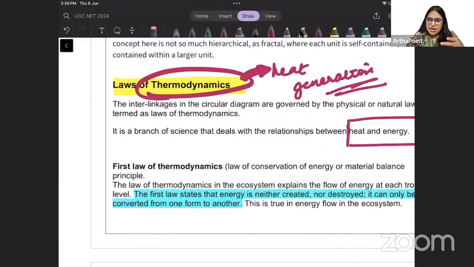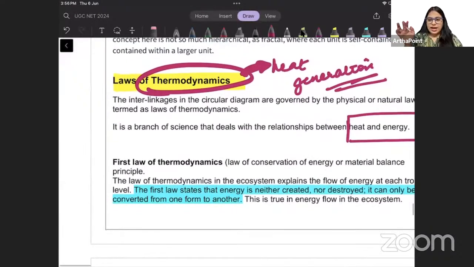A very simple example which we used to study as children, कि जब हम खाना भी खाते हैं और हम एनर्जी मिलती है, तो during that process our body generates heat, right? तो the relationship between heat and energy, जब हम इस रिलेशनशिप को पढ़ने की कोशिश करते हैं, that is called as the law of thermodynamics.